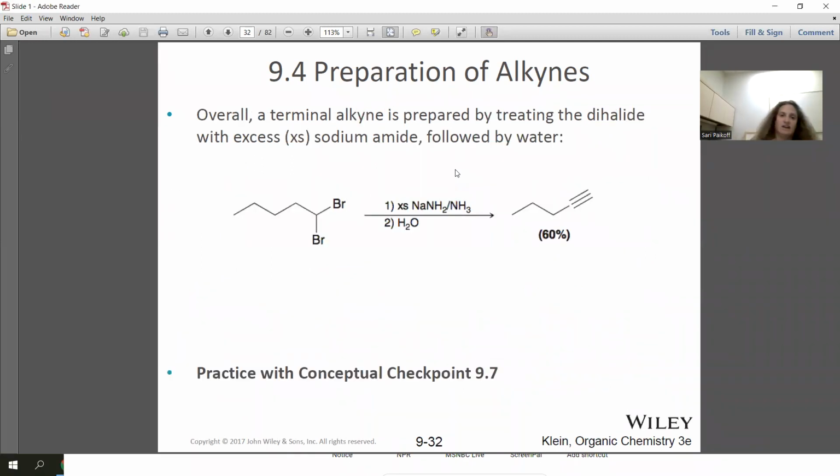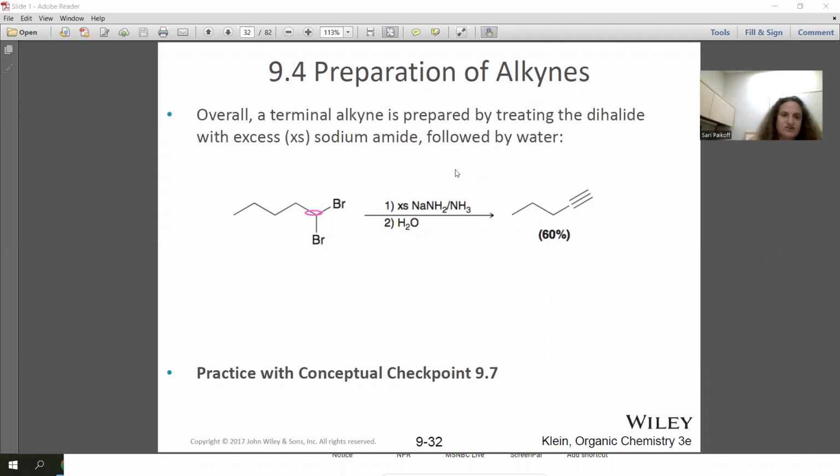So if I'm looking at this, what you can see is that when you're looking to see where the alkyne will form, I look at this carbon, where both the halogens are bound.